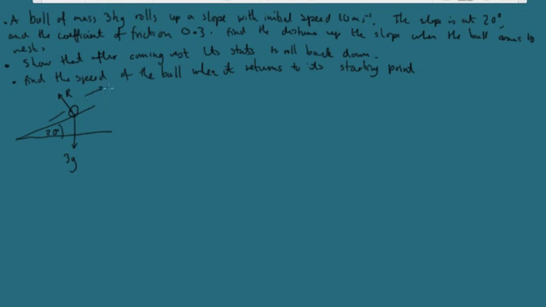So this is our direction of motion. And therefore friction's acting down, so we're going to call it mu R. I want to know how far it will go up the slope. So we're going to resolve horizontally, perpendicular.